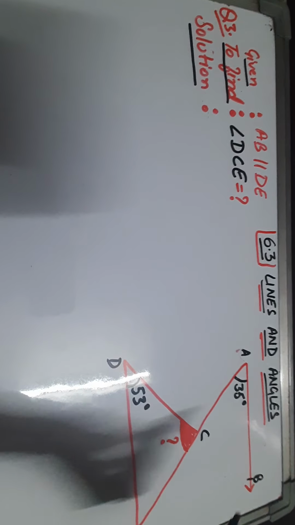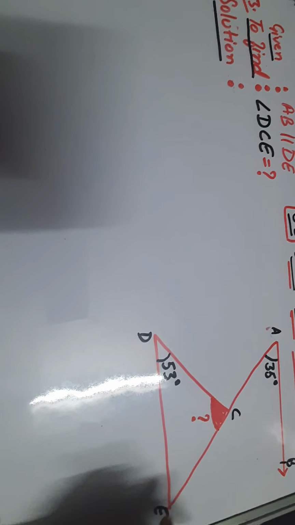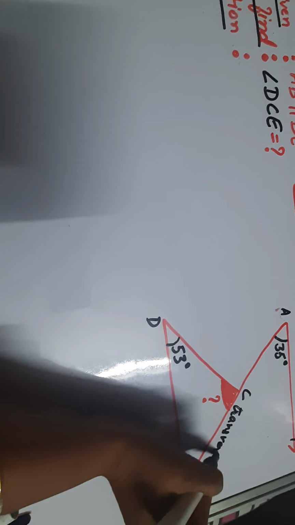Now we need to find out this. Now dear students, as lines AB and DE, these two lines, are parallel, this line AE is intersecting them. That means this will act as a transversal.